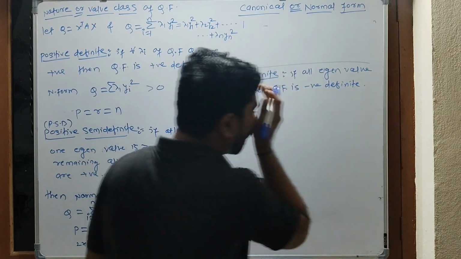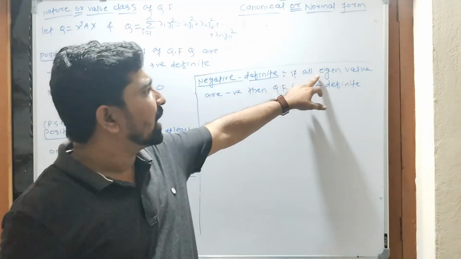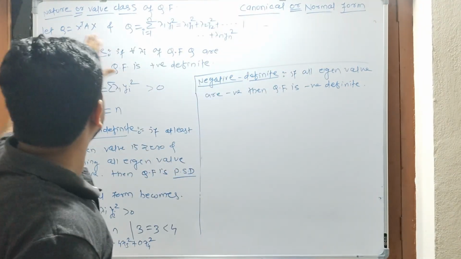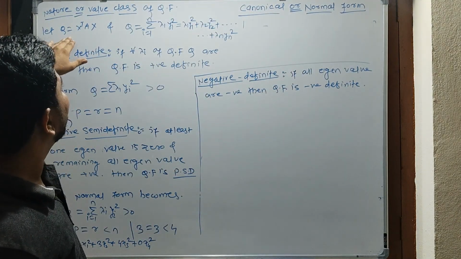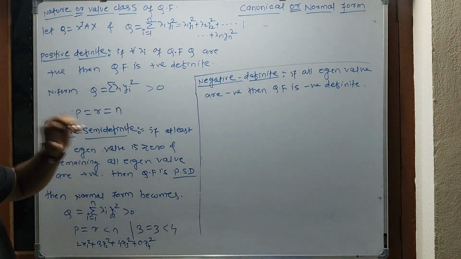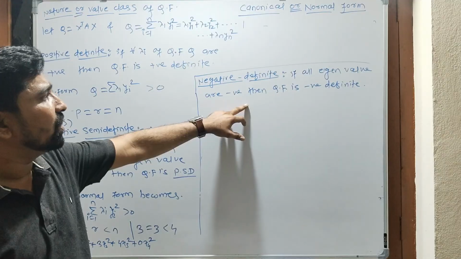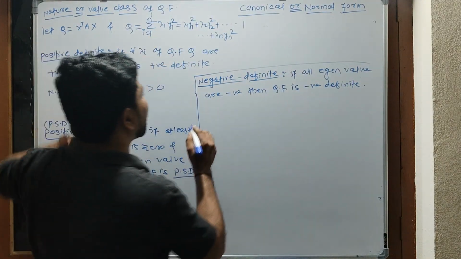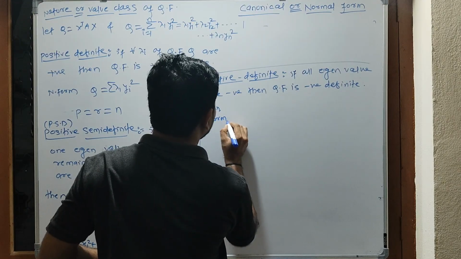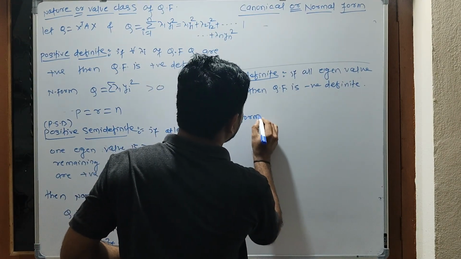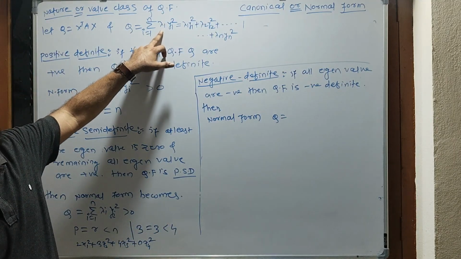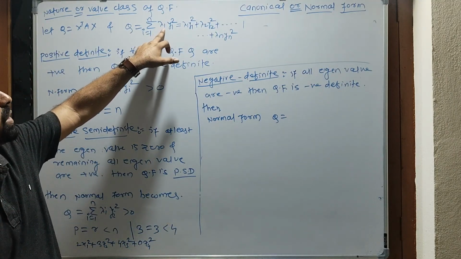Here now observe one thing. If all the eigenvalues are negative, then the quadratic form is negative definite. Corresponding to this quadratic form, if all the eigenvalues are negative, then the normal form becomes q equal to, here if lambda 1 is negative, so this is minus with lambda 1.